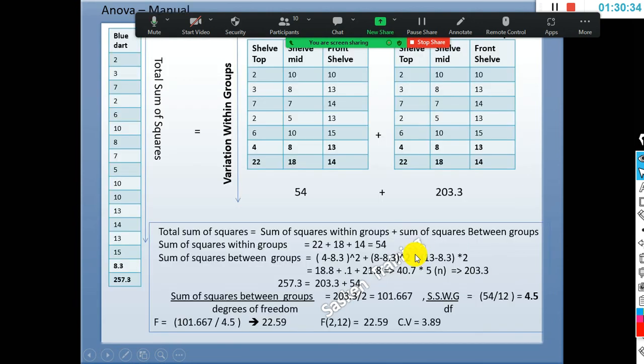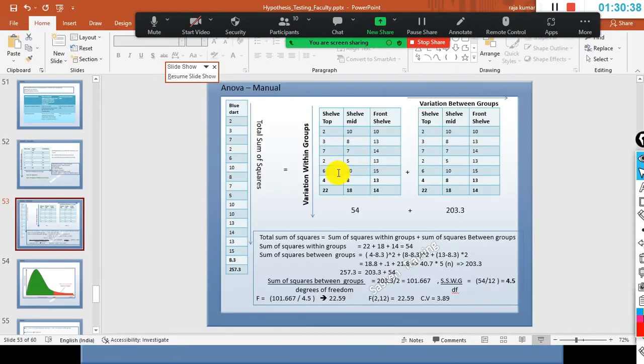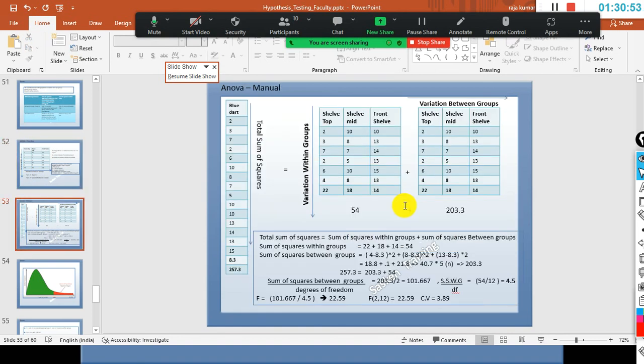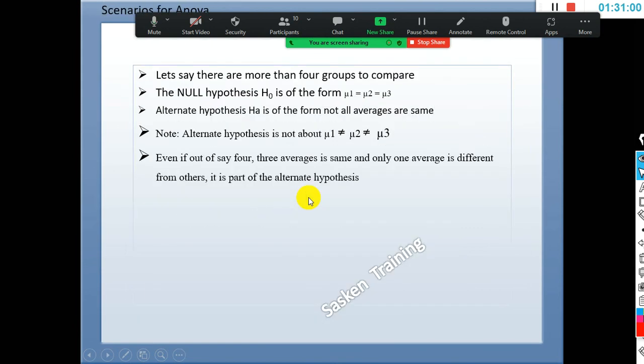Hence, we reject the null hypothesis, and we conclude that the average sale across these three stores is statistically different, which means the sale is not the same.